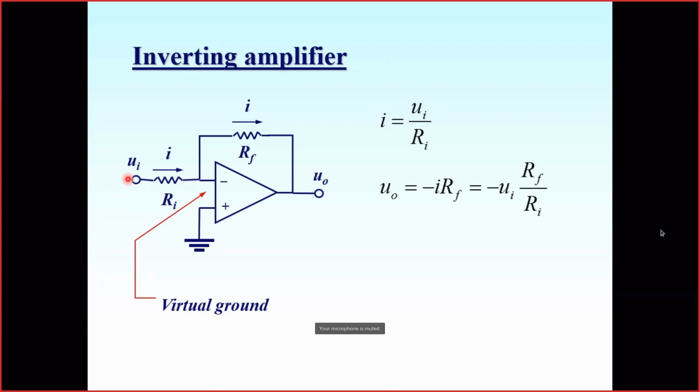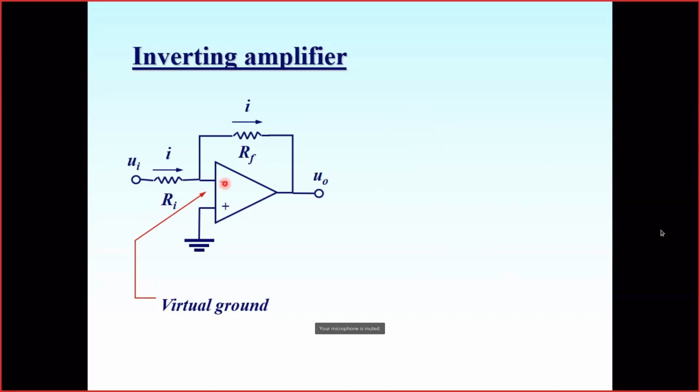Ui is the input voltage. But now when this current flows, here we have two ways. Part of the current may go inside the op amp, and part of the current may flow through the resistor RF, the feedback resistor. What could we say about the current which goes into the amplifier?